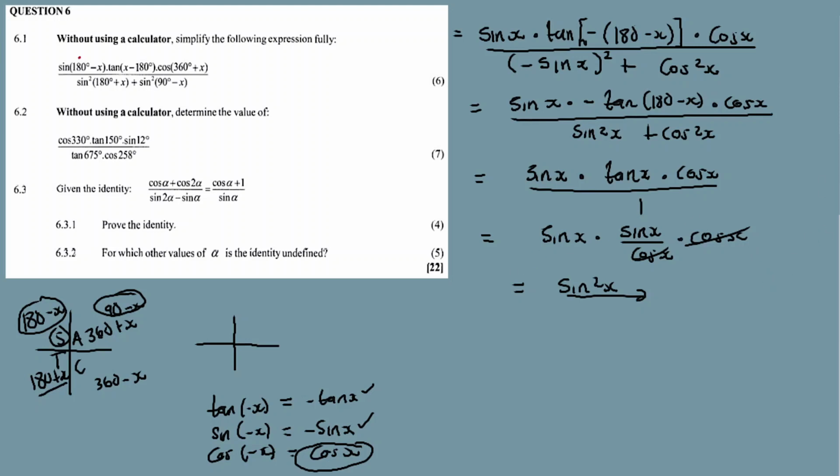We go to 6.2 now. 6.2, without using a calculator, determine the value of. So we are simplifying. So cos 330 degrees. Cos 330 degrees is between 180 and 360, closer to 360. So we use the reduction with 360 because 330 is closer to 360.